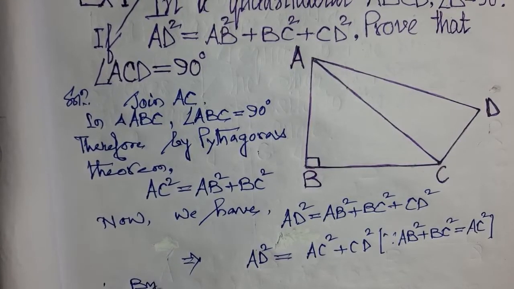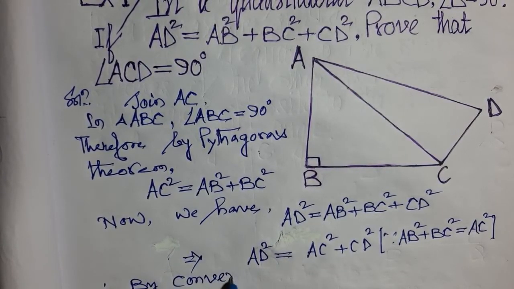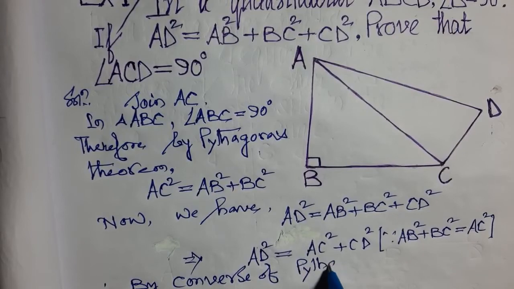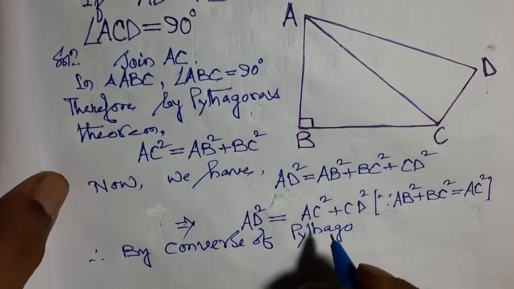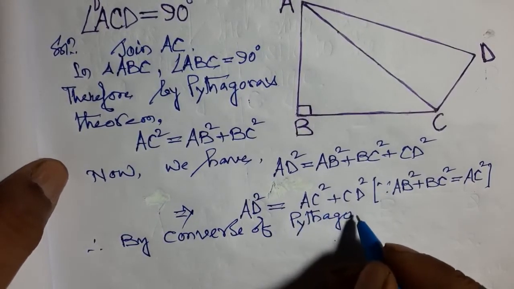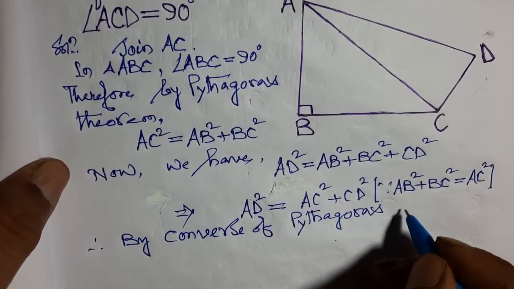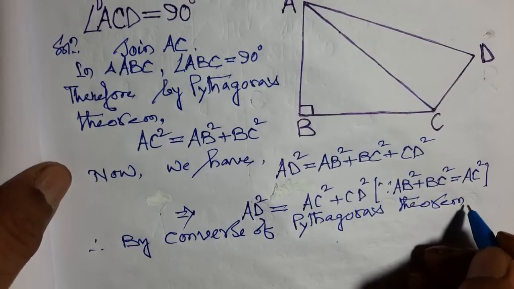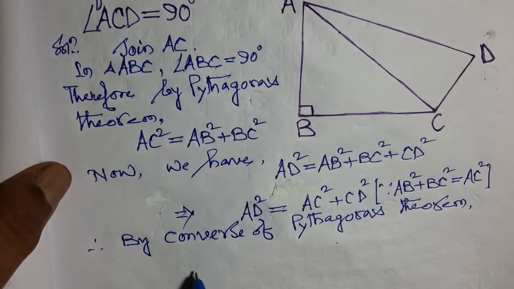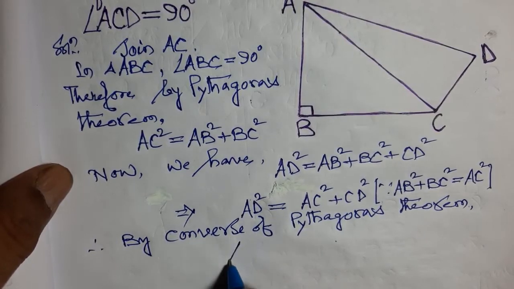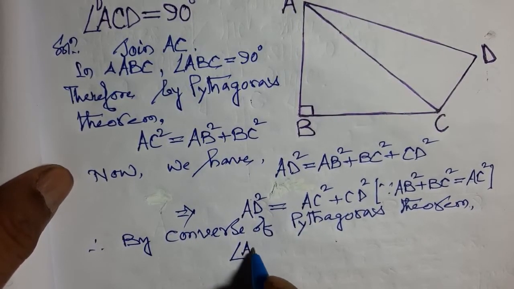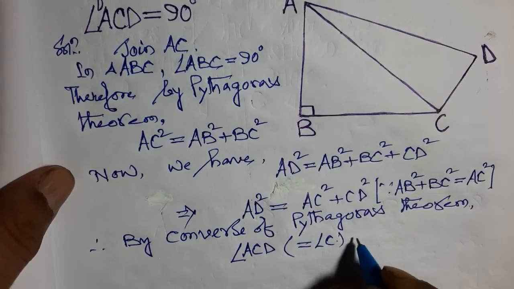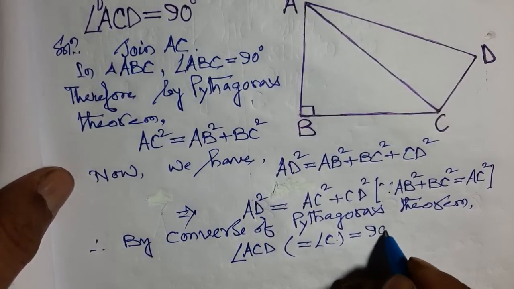Therefore, by converse of Pythagoras theorem, angle ACD or angle C is equal to 90 degree.